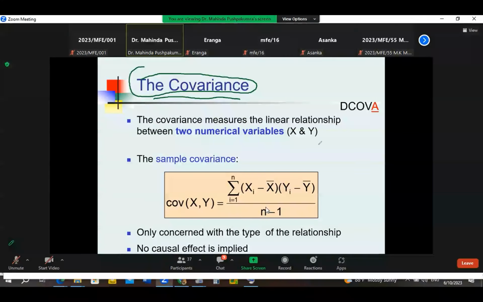As an example, you can consider the share prices of 2 companies, let's say company AC and company AD. You want to see whether there is any relationship between the share price of company AC and the share price of company AD. To identify this relationship, you can use the concept of covariance.